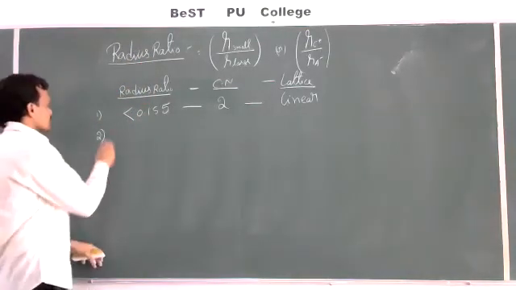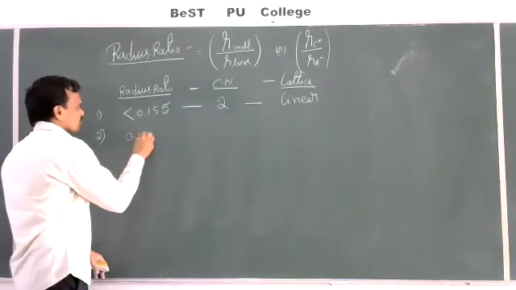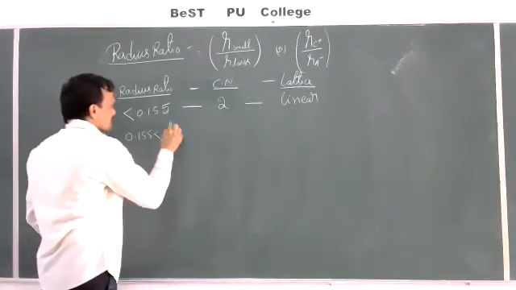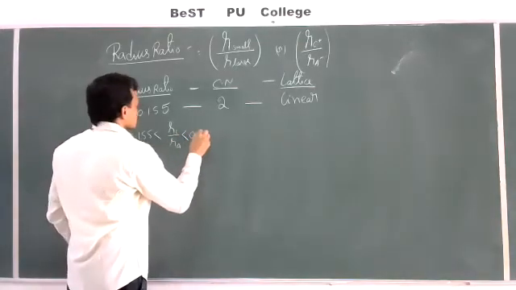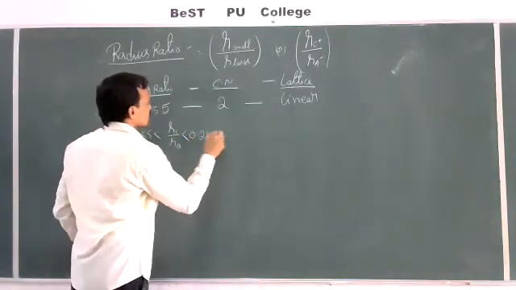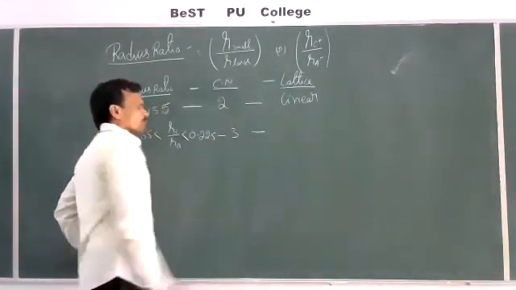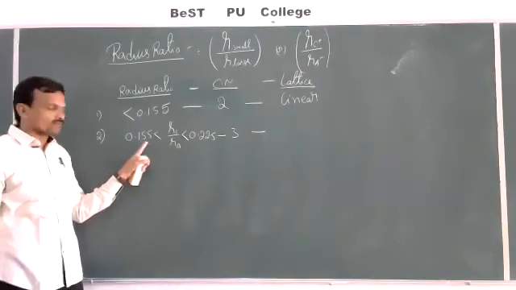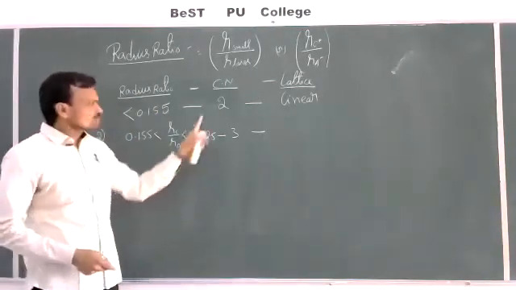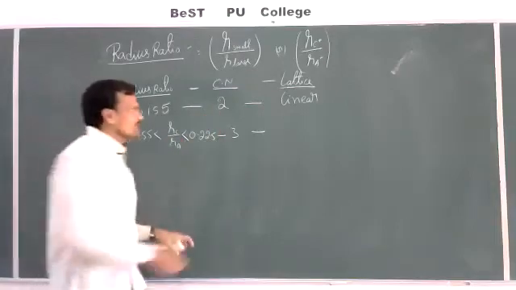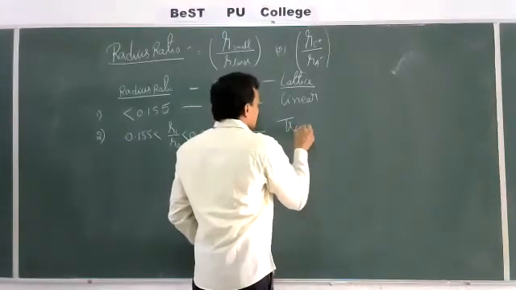Next, if the radius ratio, meaning radius of cation to anion or small particle to large particle, lies between 0.155 and 0.225, then the coordination number is 3 and the lattice forms a trigonal planar.